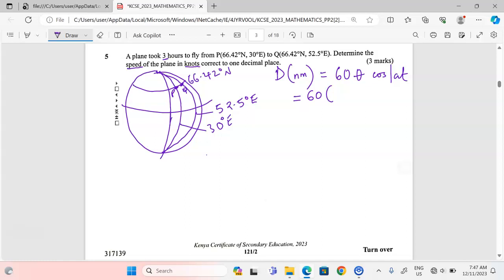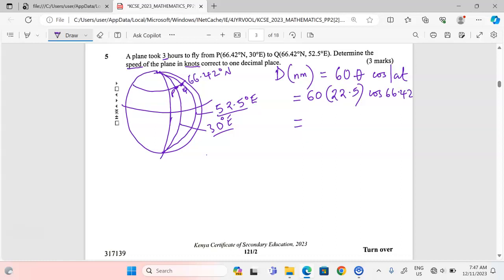The angle difference between 52.5 and 30 is 22.5. Then cosine of the latitude, this is 66.42. Therefore, we can carry out this computation.